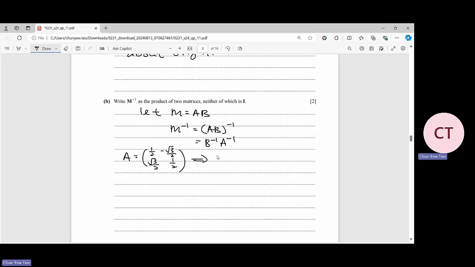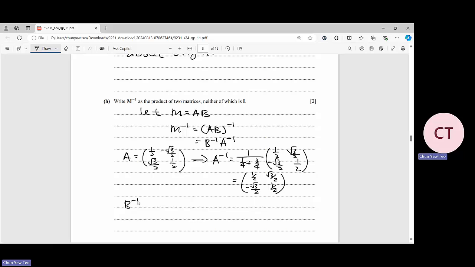From here, how do you find the A inverse? Your A inverse is 1 over 1 over 4 plus 3 over 4. These two values swap. This one you put negative here, you put negative here. So this answer will be half, negative root 3 over 2, root 3 over 2, and half.